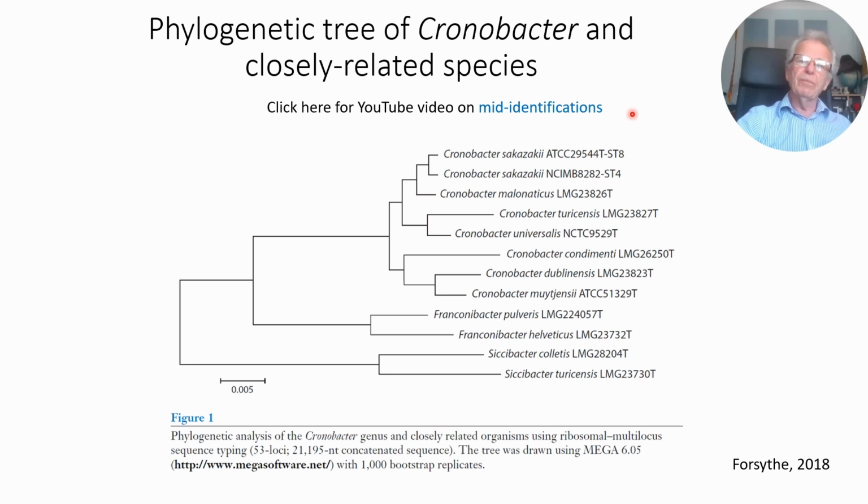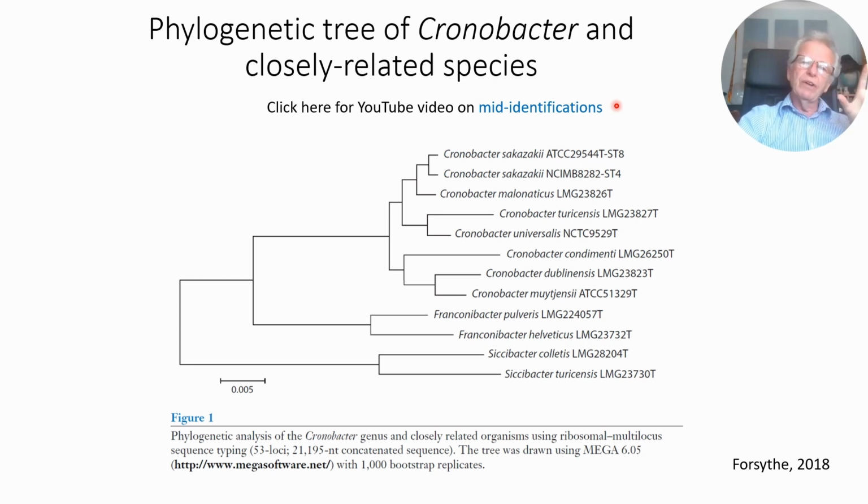If you want more information on this, then please click here for a YouTube video I did on misidentifications, and there are lots of those out there in the public domain and in various refereed publications, unfortunately. So if you're unsure about how to correctly, robustly identify Cronobacter, please go to that YouTube video.